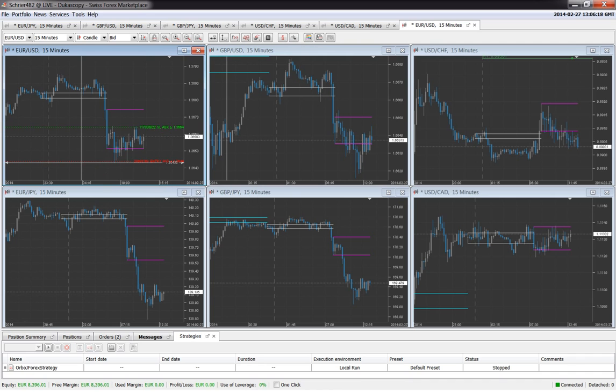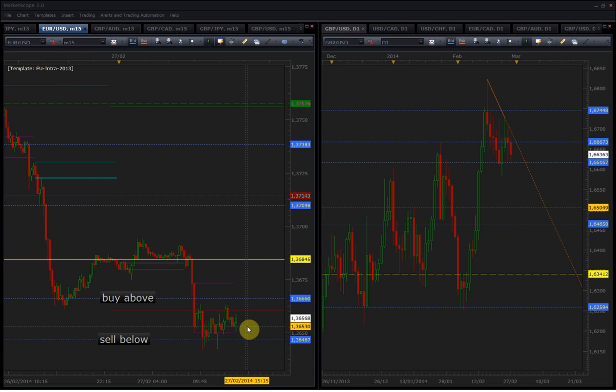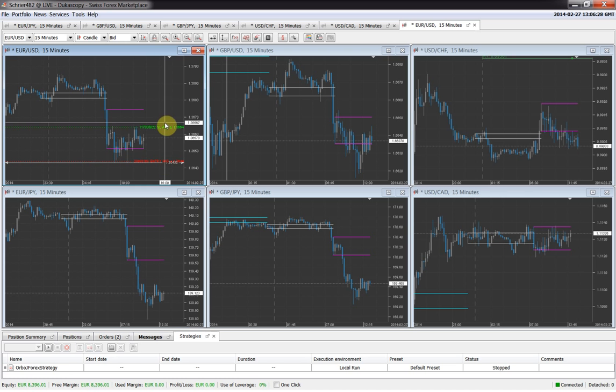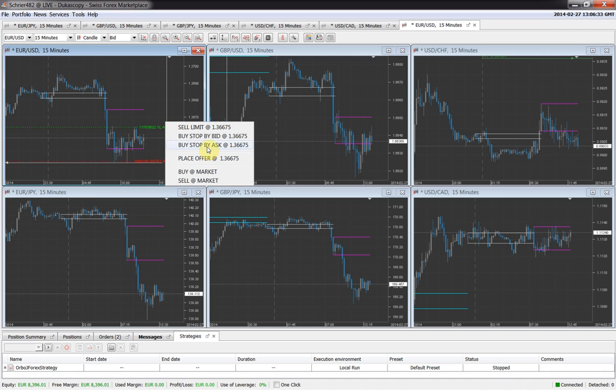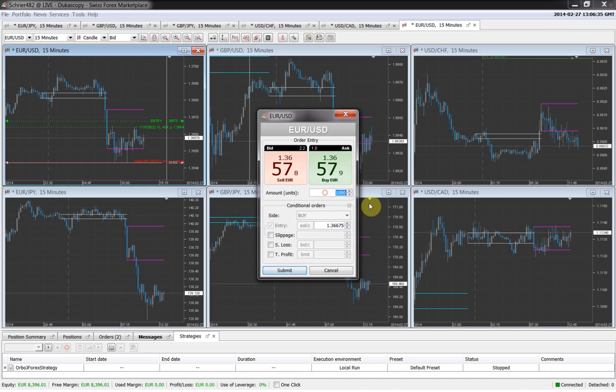Okay, and I'm gonna put an entry to the upside also above 136.66. You need to give a little bit of pips above, 136.75, let's say. A buy stop here also.